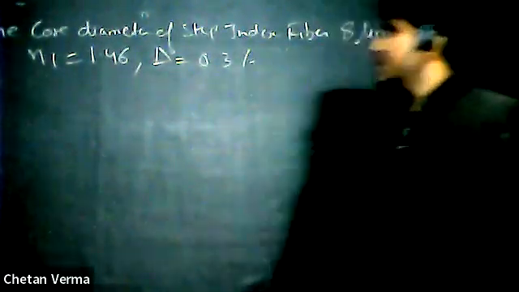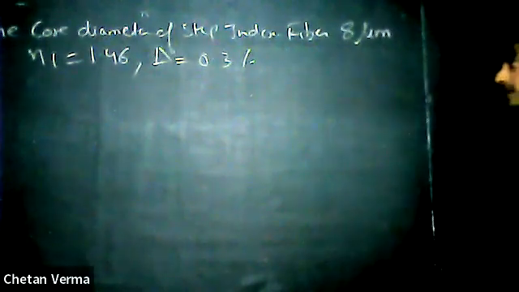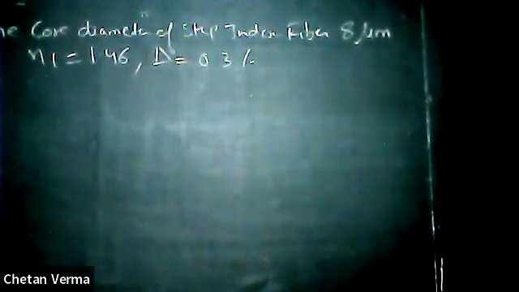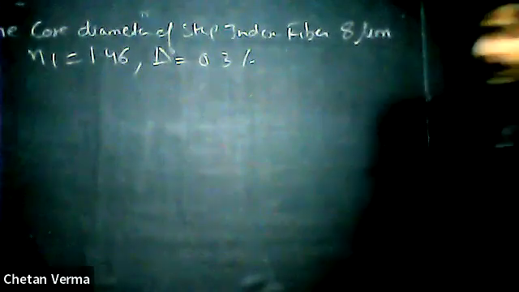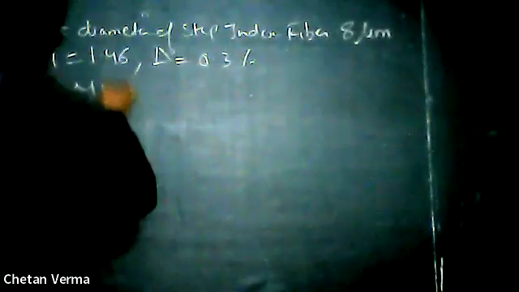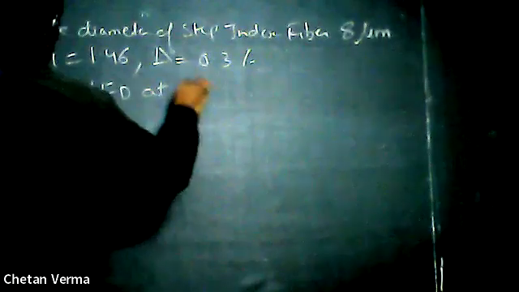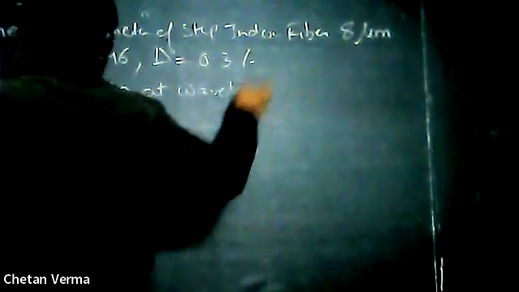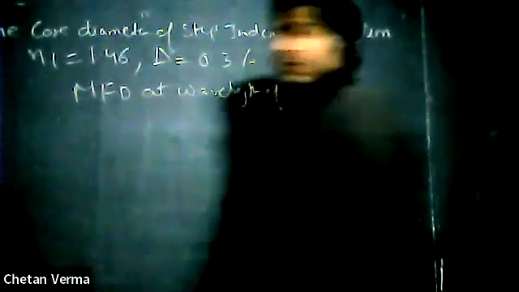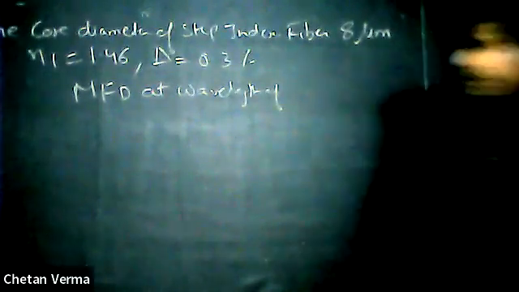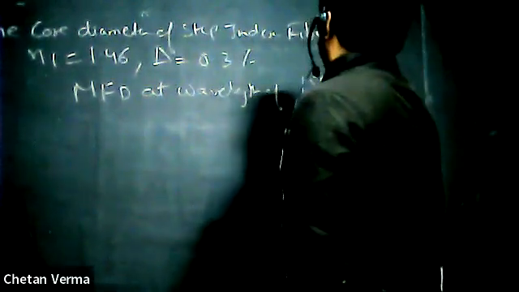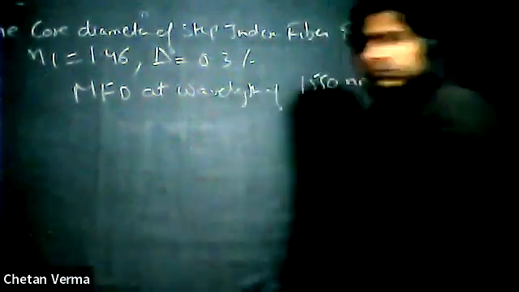Okay, the core diameter of a step index fiber is now 2a, that is 8 micrometer, n1 is 1.46 and the 0.3% is the relative refractive index difference. So calculate mode field diameter, MFD, at wavelength of 1550 nanometer.